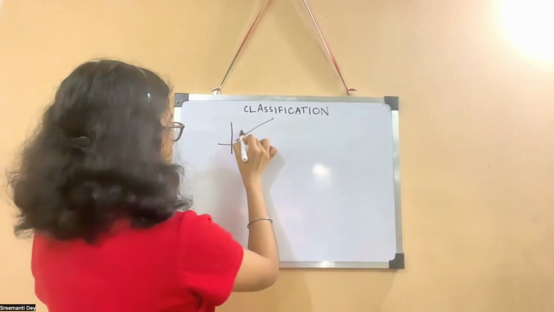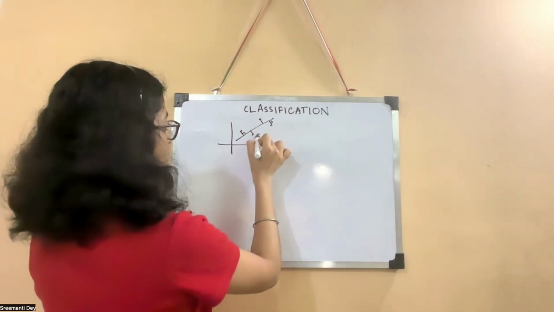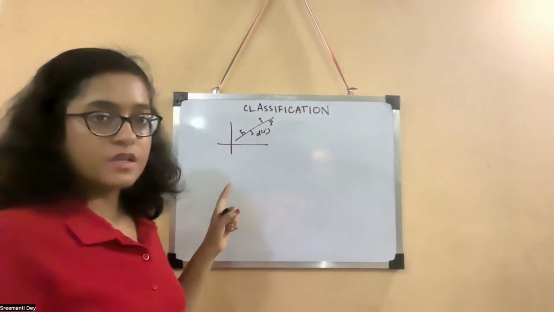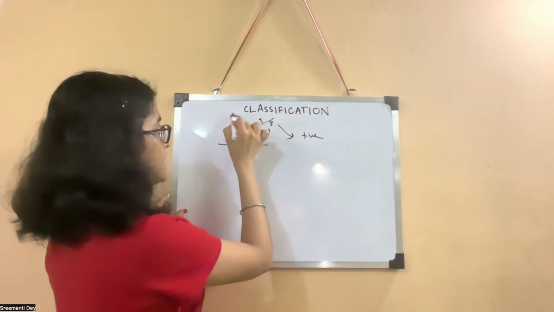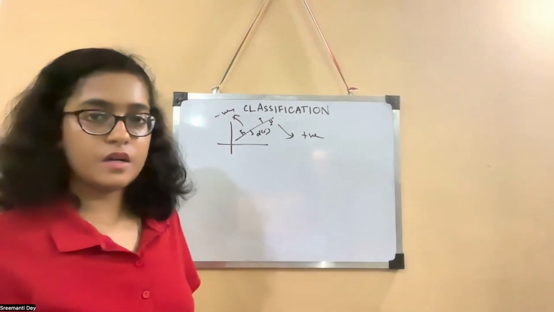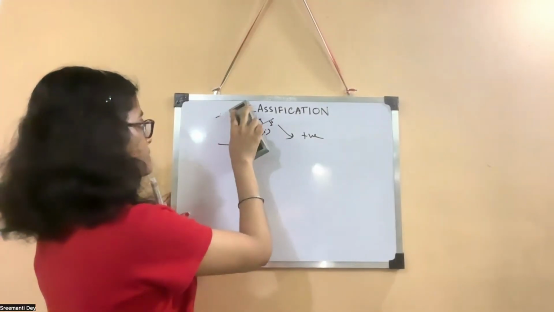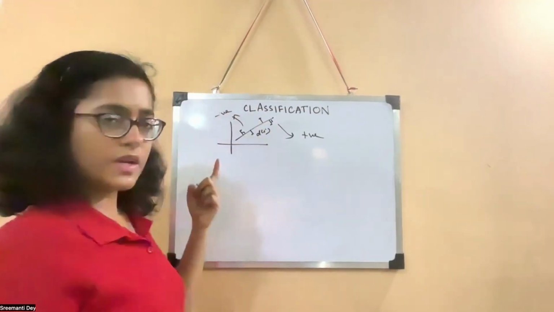So if you remember, I just now said these are all di. This side of the line is the positive side and this side is the negative side. We can decide the direction.